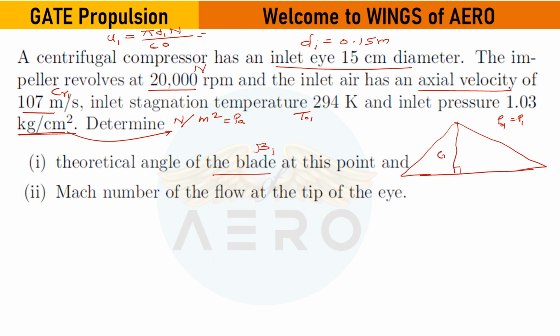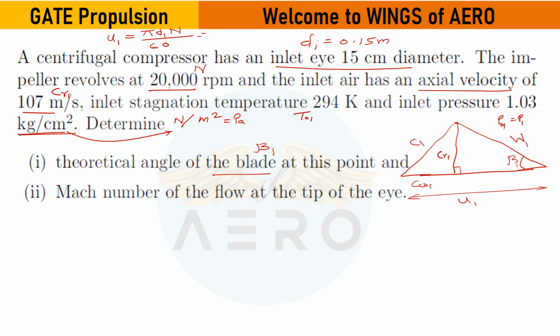CR1, here they have given beta 1. This is W1, this complete one is U1. This is C1 and this is CW1. In this question, they didn't give inlet guide vanes, so directly we can take alpha as 90. Yes, exactly.